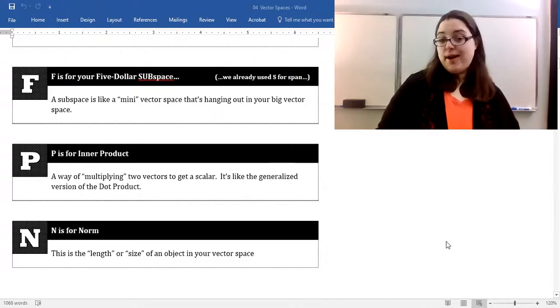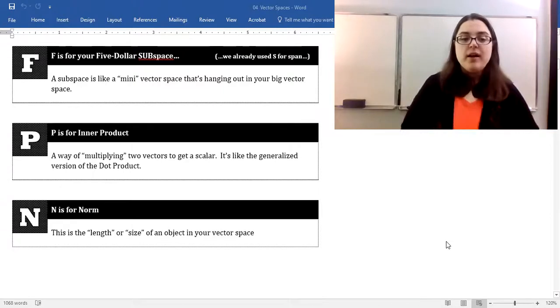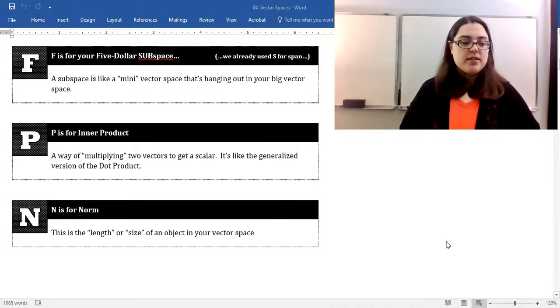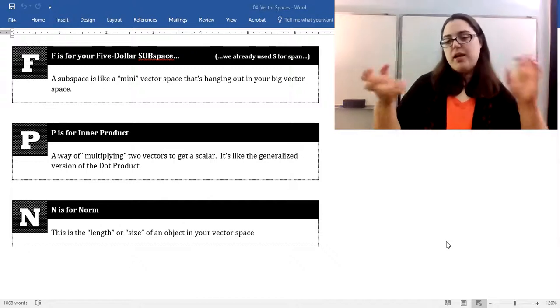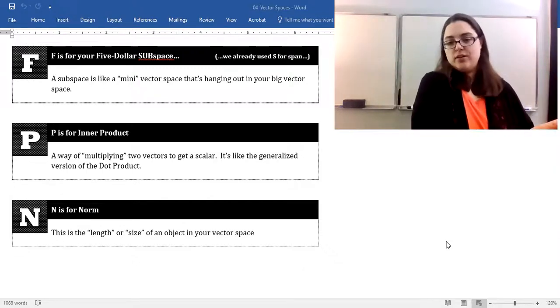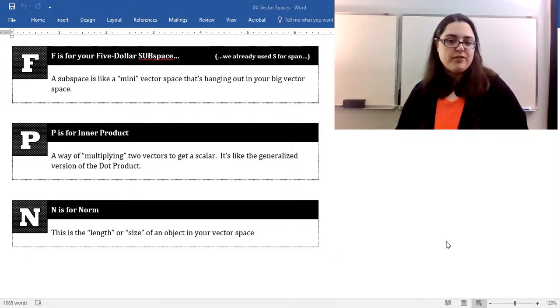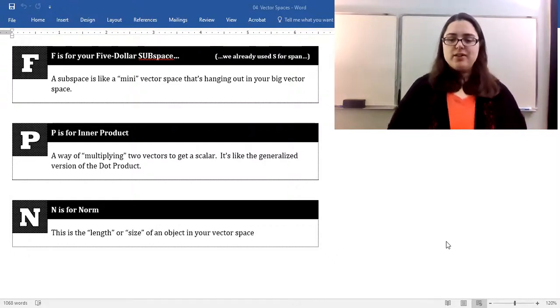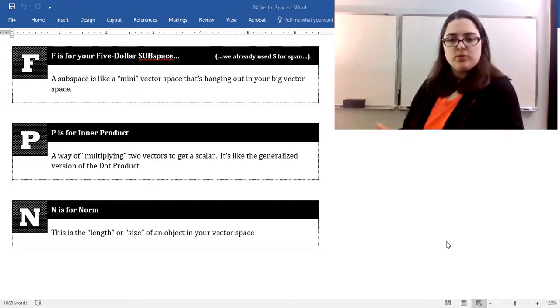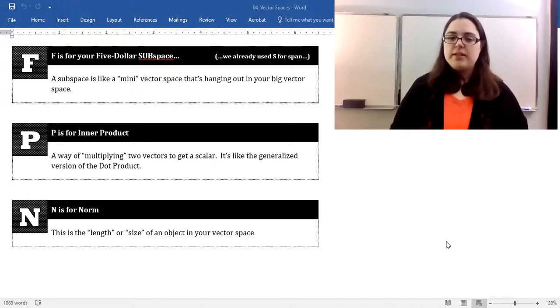Now P is for inner product. So we have a product there. An inner product is a way of multiplying vectors so that you get a scalar. We have scalar multiplication, which is one of our operations on a vector space, where we take a scalar, multiply it by a vector, and get a vector. The inner product is where we take two vectors, multiply them, and get a scalar value.